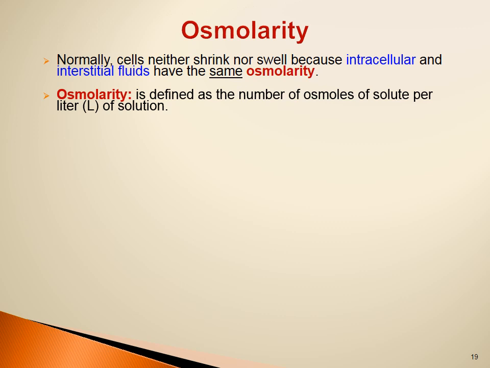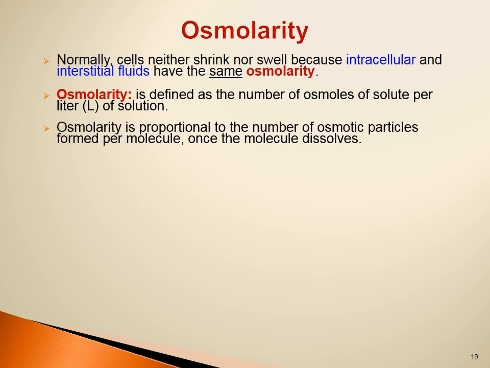What is osmolarity? Osmolarity is defined as the number of osmoles of solute per liter of solution. Osmoles are the osmotically active particles that can attract water movement across a semi-permeable membrane.